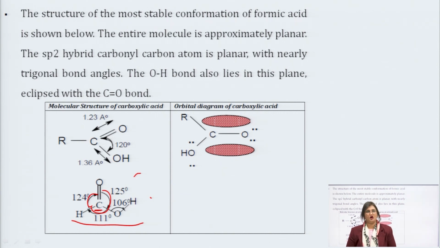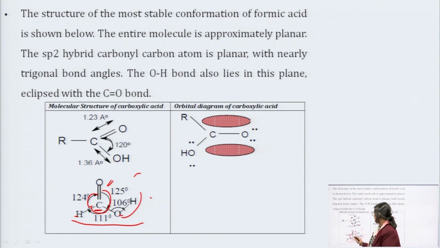The OH bond also lies in the same plane, whereas the carbonyl bond is eclipsed here. So, this is the molecular structure of the most basic carboxylic acid, which is formic acid.